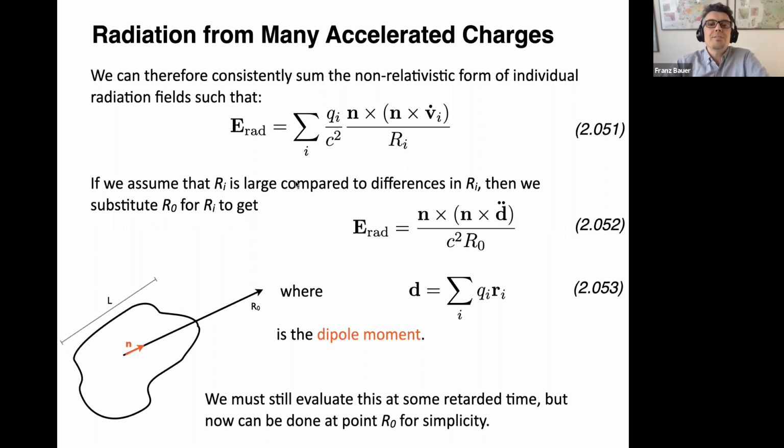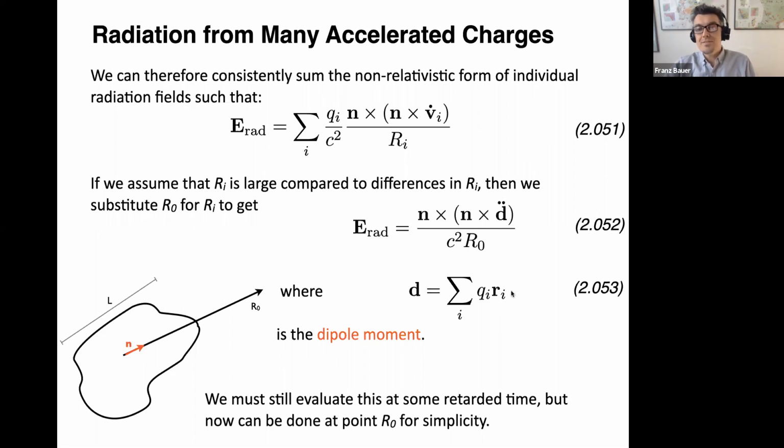And if we do that, then we can convert this and say, okay, this electric field is proportional to the unit vector n cross product with the unit vector n cross product with this thing, which is the dipole moment. And so if we have a dipole, which is some charge and some distance R_i, which is here, then if we take the double derivative of that, that is this thing, right?